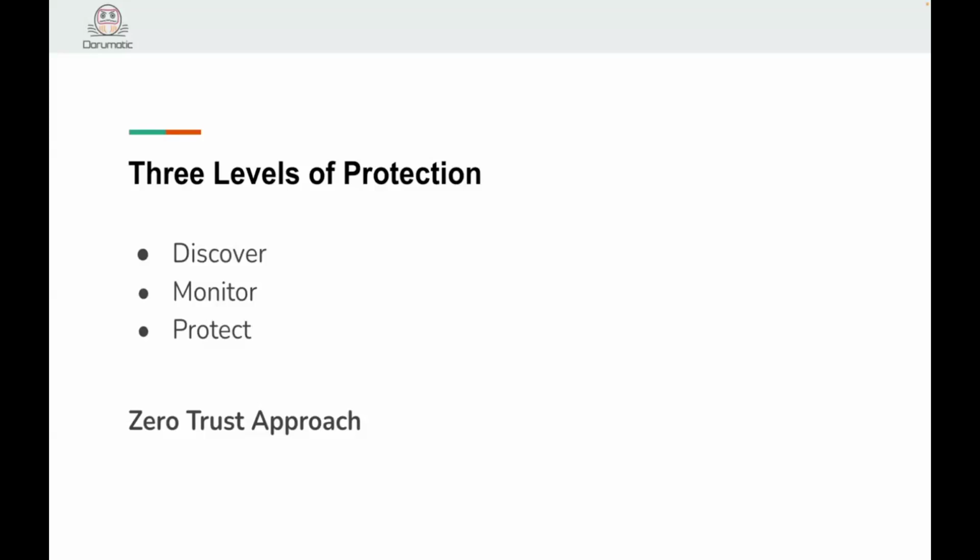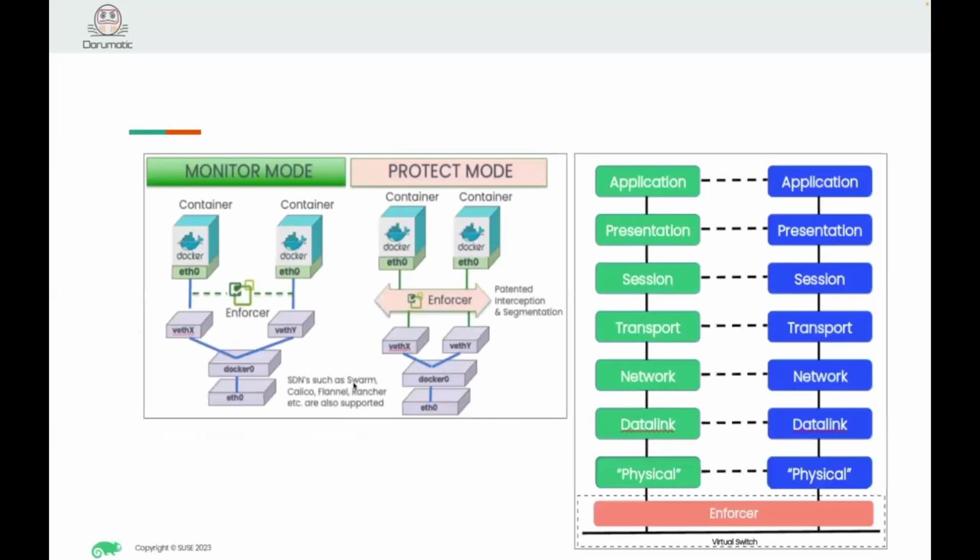And during the protect mode, there is a zero trust approach, which means anything that is not explicitly allowed is blocked. So here we have a graphic of how this works in monitor mode and protect. This is the enforcer, which is running at this level, and when it's in protect mode, this is how it's implemented.